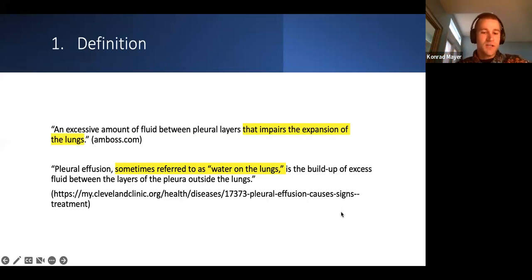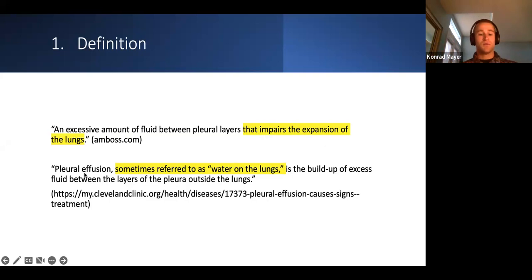because there's always fluid in the pleural cavity. I think it's like 7 milliliters. But when it becomes too much, then it becomes an effusion, and then it becomes a problem. The problem in some cases is that it impairs the expansion of the lungs.